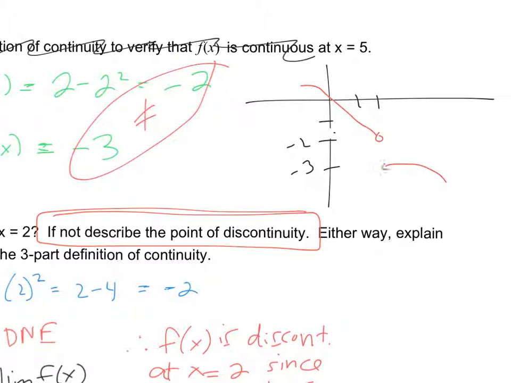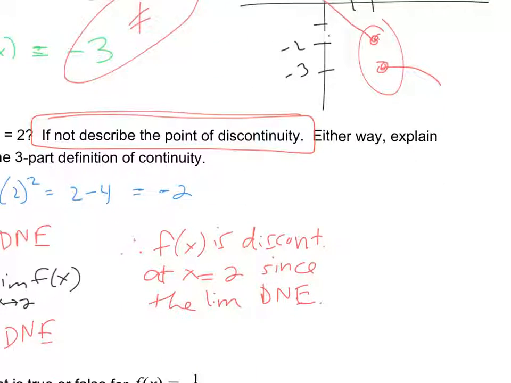And no matter what's happening here, I am in fact defined at this point. But the point is that you're not approaching the same thing from the left and the right. So that becomes a jump discontinuity. I can't just change one of these values because I'd have to change an entire piece there.